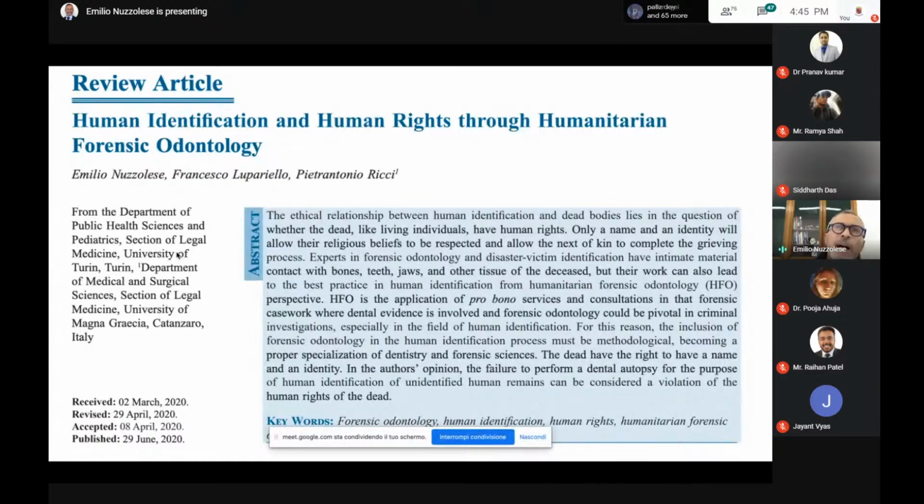And we have been promoting humanitarian forensic odontology, which is pro bono services where dental evidence is involved, but there are no odontologists appointed. So the goal of AFOR is best practice in human identification and age estimation, and the promotion of forensic odontology through humanitarian activities.